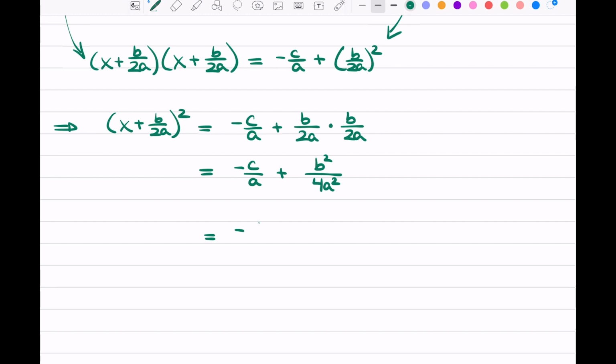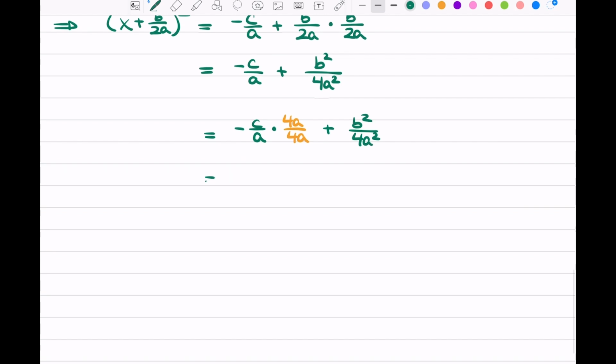If we multiply our first fraction by 4a on top and bottom, then our denominator is going to be 4a squared. So it'll match the second fraction. Simplifying that, we have negative c times 4a over 4a squared. Adding those fractions, we have negative 4ac plus b squared over 4a squared.